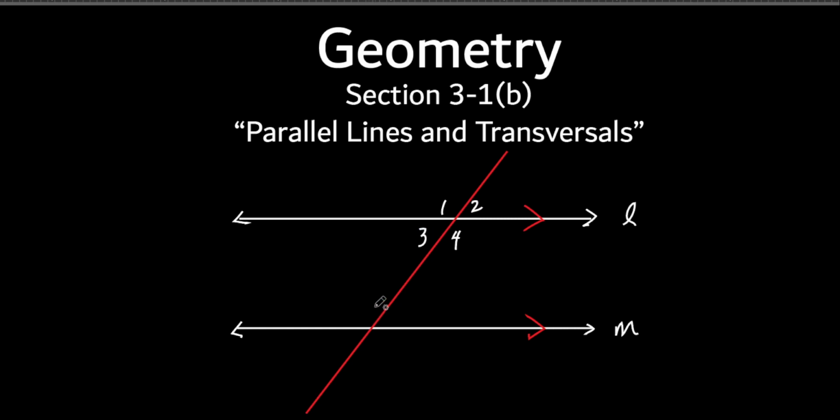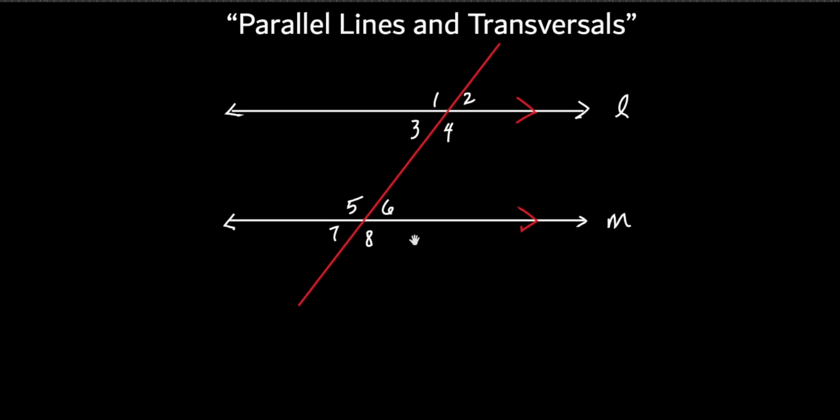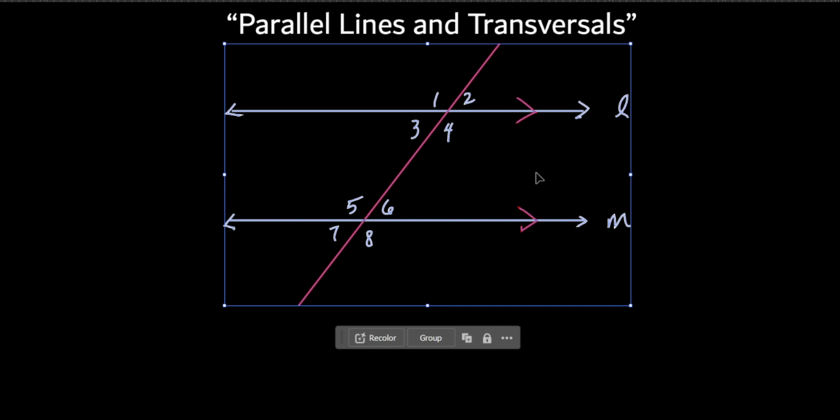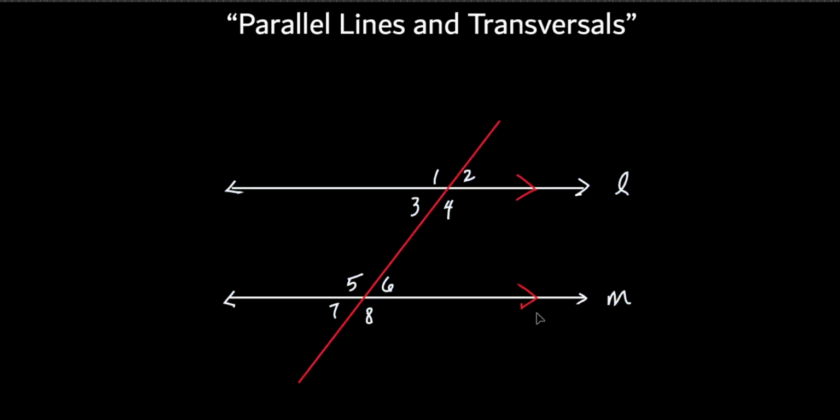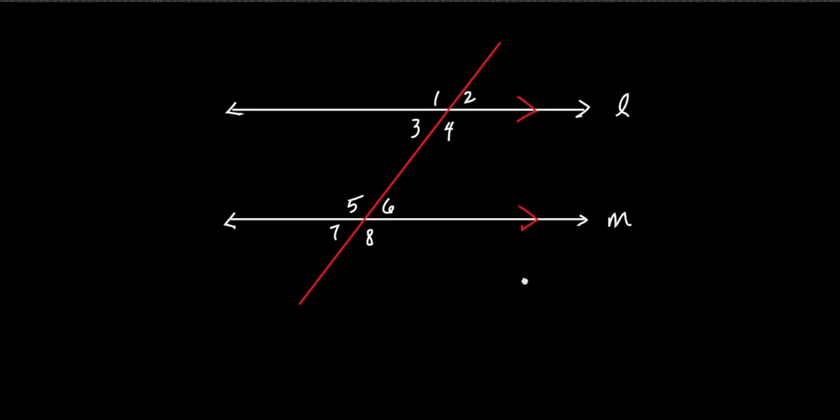It doesn't have to be like that. I'm just doing it just so we're a little consistent. 5, 6, 7, 8. All right, so yesterday we just learned the names for the relationship between those angles. Let me push this down just a little bit. But now we're going to learn something a little bit different.